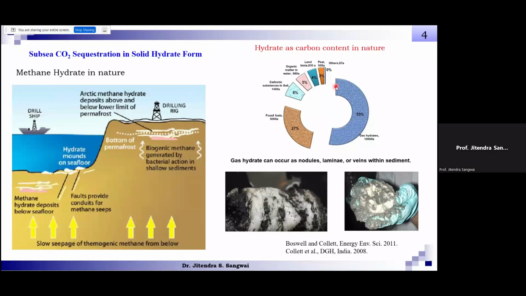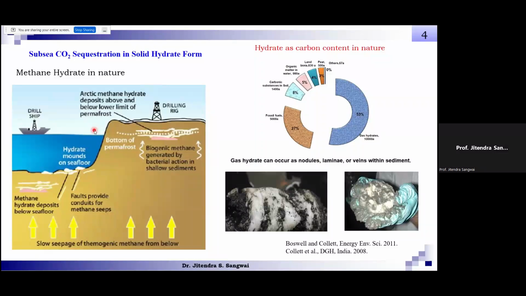So if you look at the amount of carbon content in nature, 53% of the carbon content is actually accumulated in the hydrates. So you can see that most of this methane, which is there in the hydrate, accumulates a significant amount of carbon. That indicates that nature had itself taken care of these climate issues by forming hydrate.